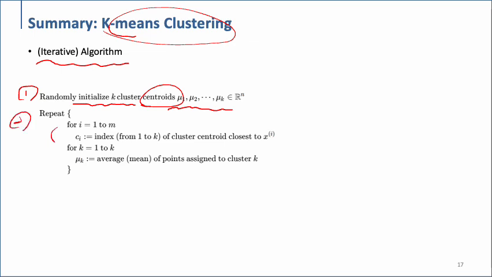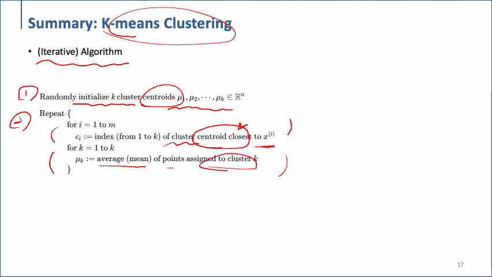Firstly, we allocate all the data points to the cluster centroid closest to them. After assigning all the data points to the closest clusters, we calculate the average, or mean, of the points assigned to cluster k.